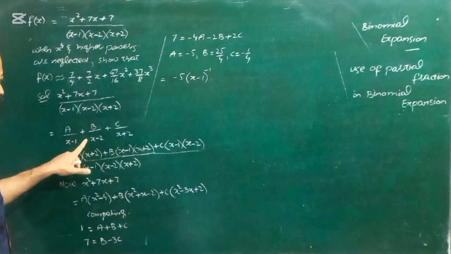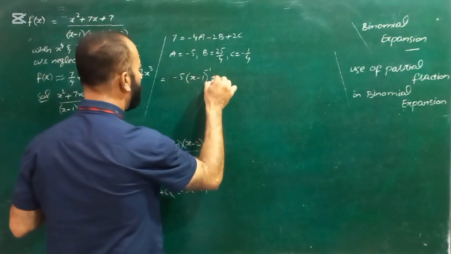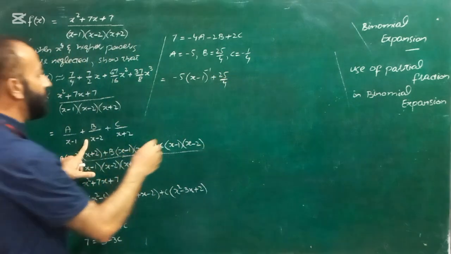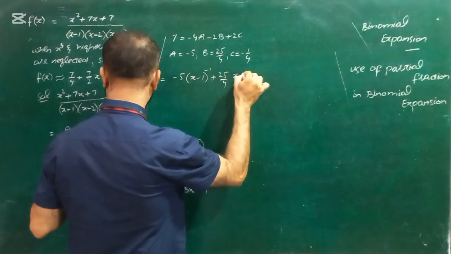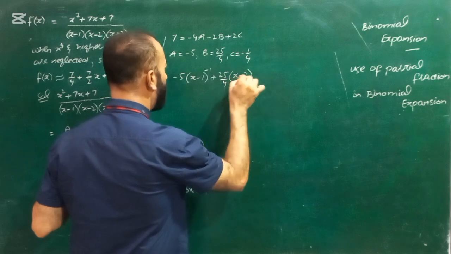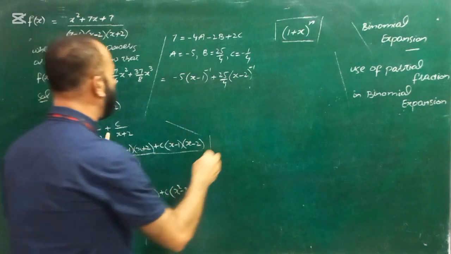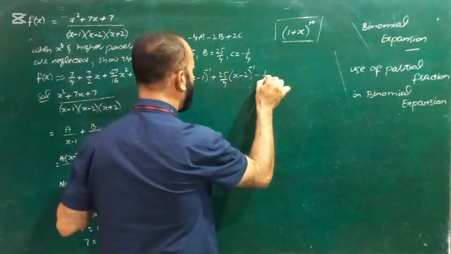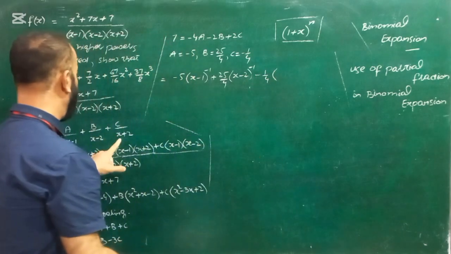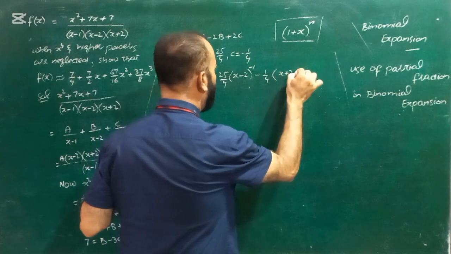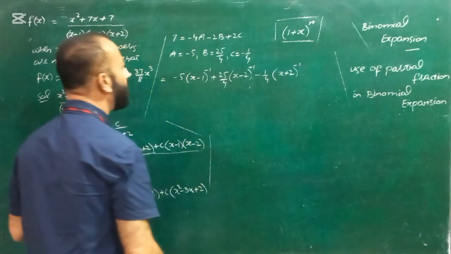B's value is 25 by 4, and this factor x minus 2 will come in the numerator, so x minus 2 raised to the power minus 1. And c's value is minus 1 by 4 into x plus 2 raised to the power minus 1.